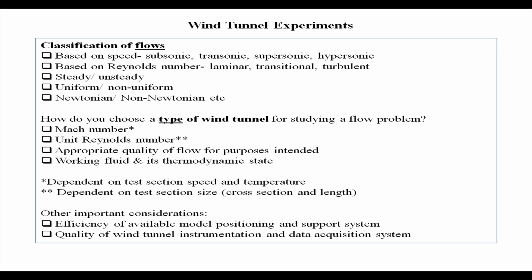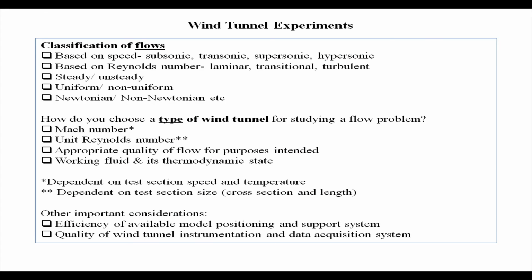As far as Reynolds number is concerned, you could have different regimes: laminar, transitional, turbulent, and these regimes may coexist on a given model of interest when you are putting it into the wind tunnel test section. So, it is not that all the model will either see laminar or turbulent flow. It could be a mixed regime.